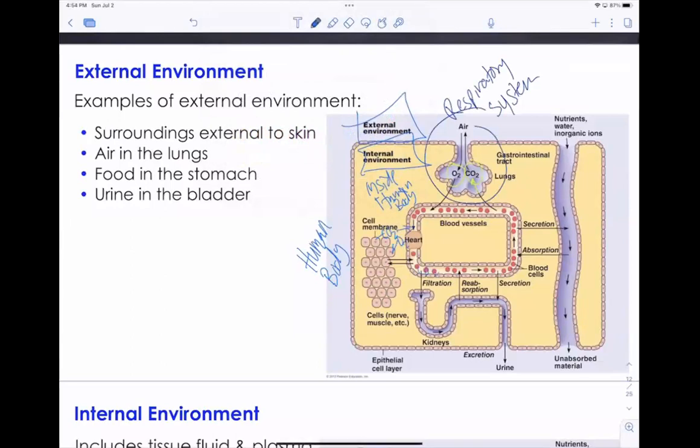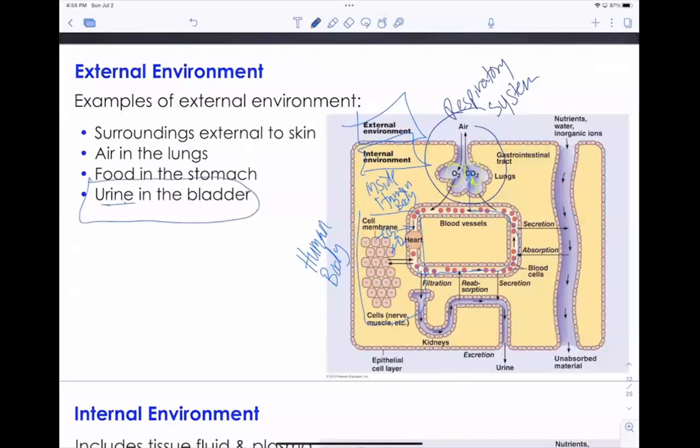Carbon dioxide is going to travel in the blood and then be blown out. So respiratory system taking in oxygen and getting rid of carbon dioxide with the bloodstream. Internal is going to be between the bloodstream and the cells. The other area, external, that we're going to talk about is the kidneys, right?